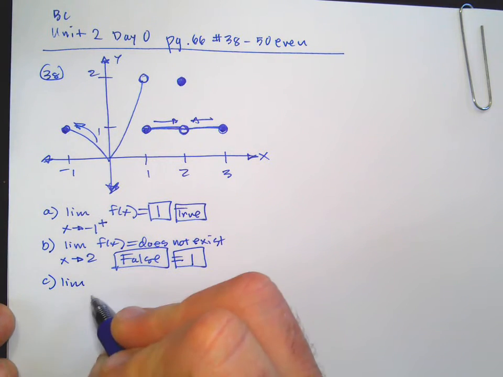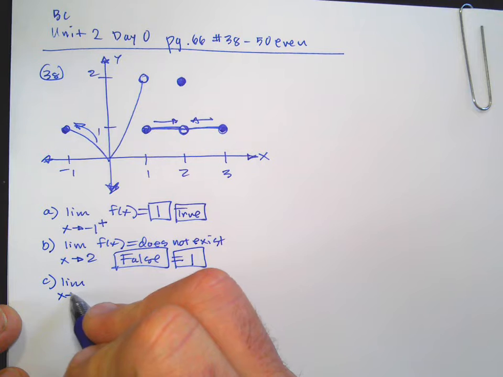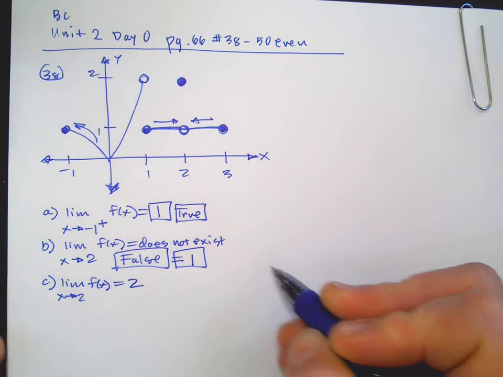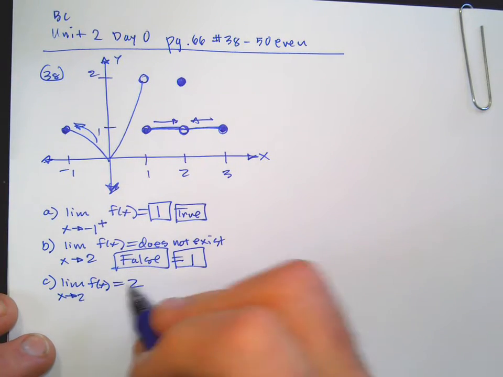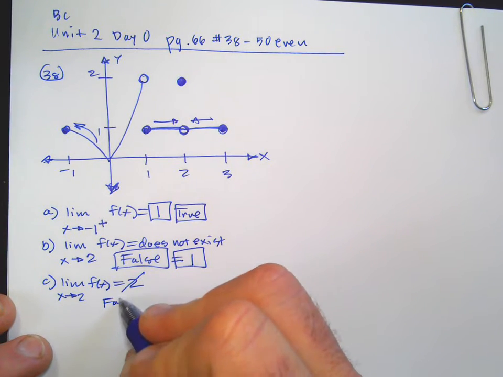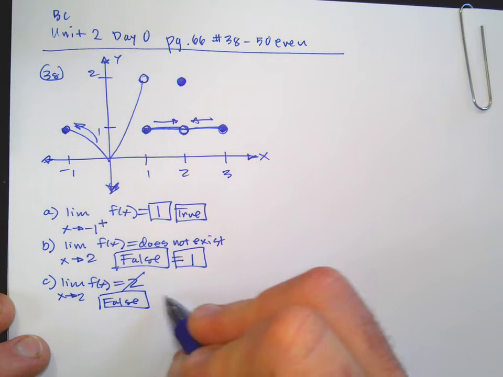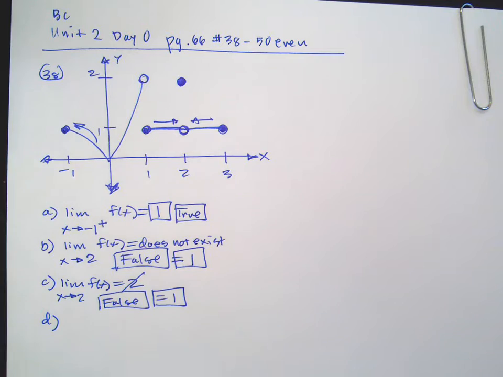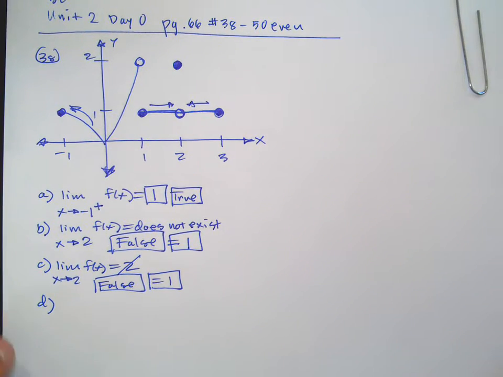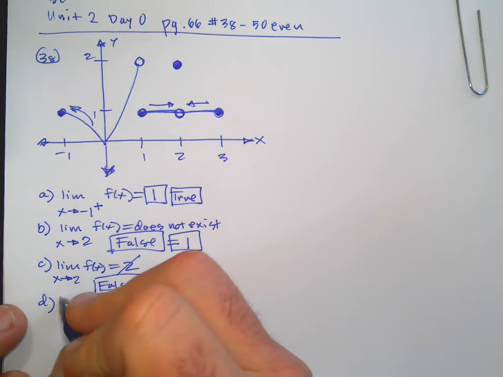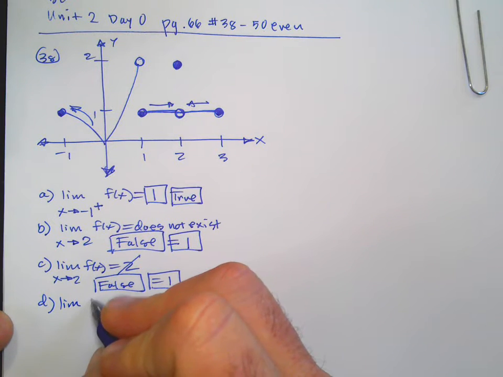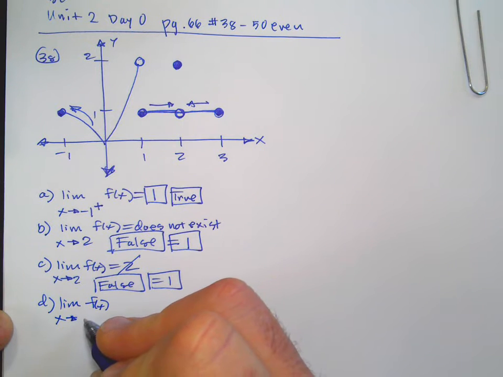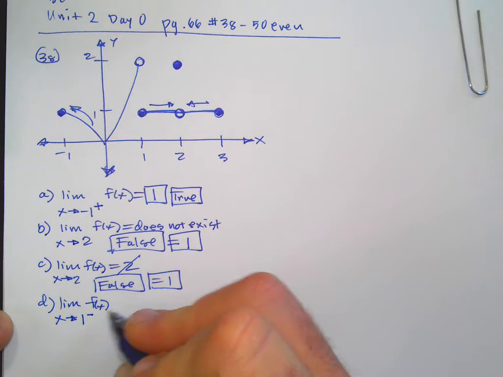C, limit as x approaches 2 of f of x equals 2 is what they said. No, that's one we just did. False. It's supposed to equal 1. So I want you to tell me why it's false and fix it. D says limit as x approaches 1 from the right side equals 2.